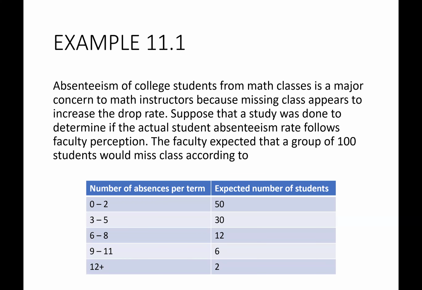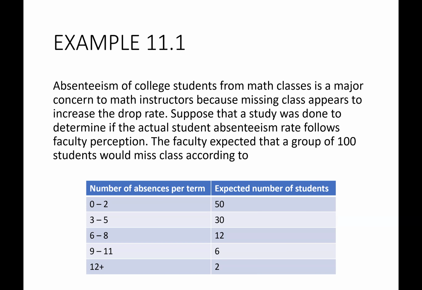Absenteeism of college students from math classes is a major concern to math instructors because missing class appears to increase the drop rate. Suppose that a study was done to determine if the actual student absenteeism rate follows faculty perception. The faculty expected that a group of 100 students would miss class according to this.